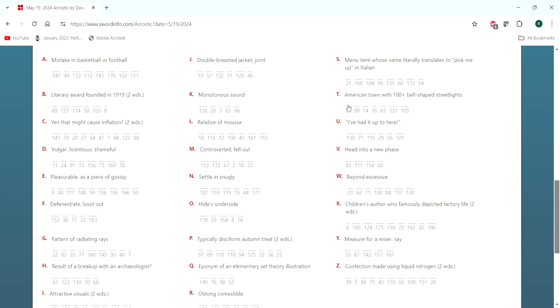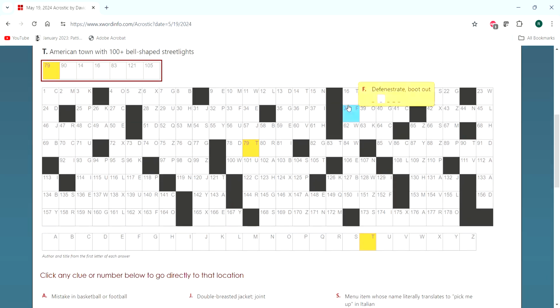Okay, let's start here with T. American town with 100-plus bell-shaped streetlights.